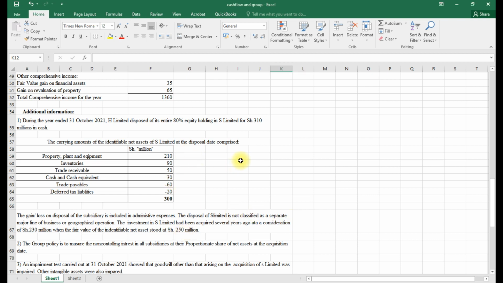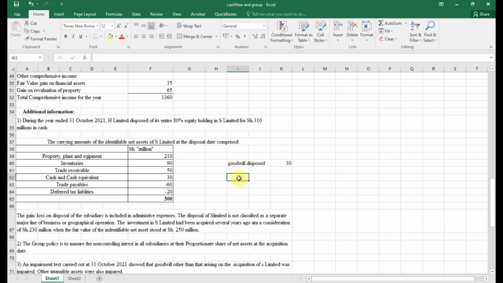So if I can even do it here, these are the goodwill disposed. You'll find that this will be equal to what we had acquired it for, 230, minus, in bracket, 250 by 80%, so that will give the goodwill of 30 that we disposed.